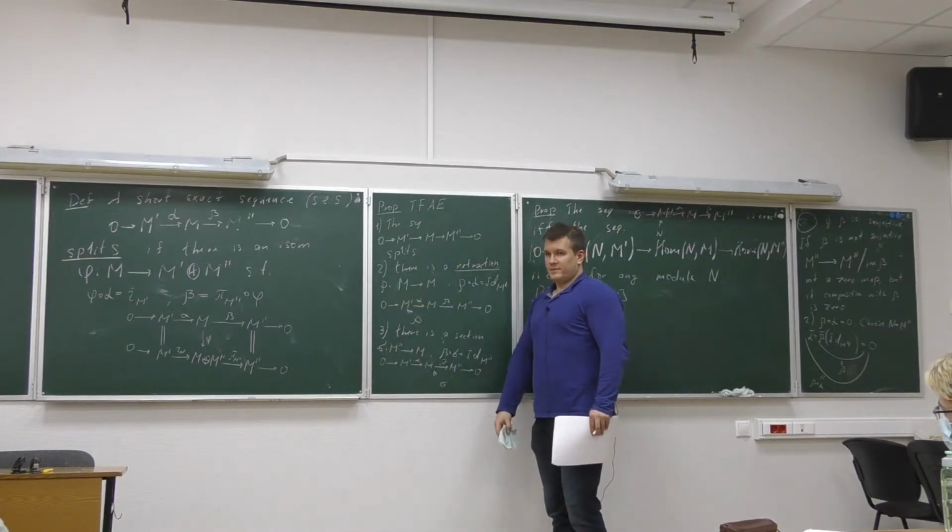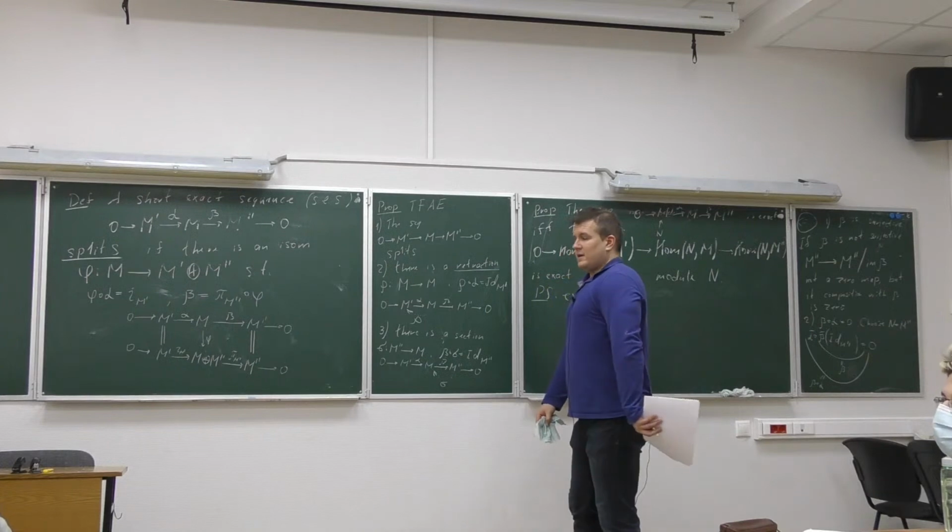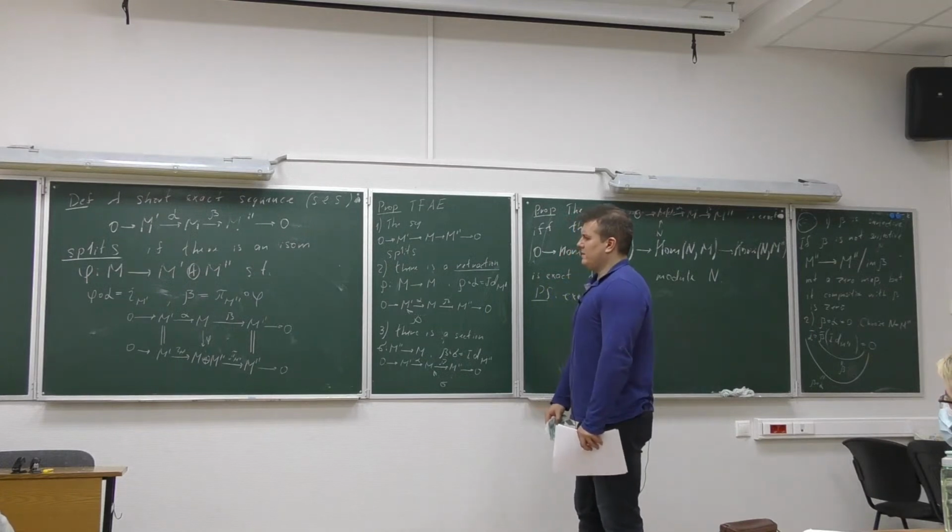But I mean the identity map is an isomorphism between m prime and m prime, and m double prime and m double prime, and we can set two maps from 0 to 0, which are also isomorphisms. And what will we get?